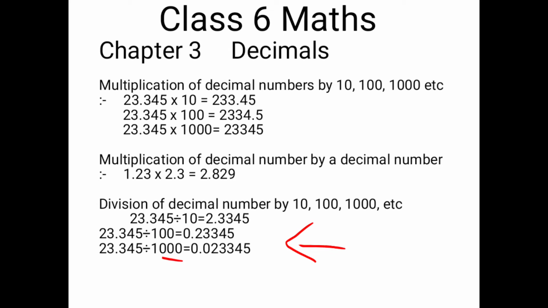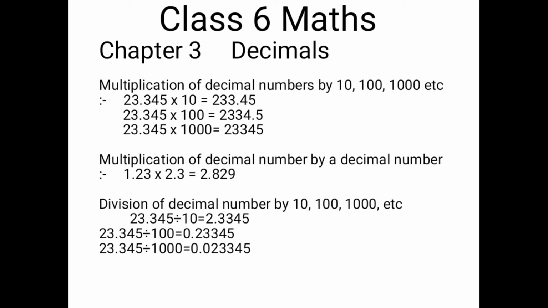Again, here we have three zeros, right? So the decimal point will go three digits, but here we have only two digits, right? So in order to replace the missing digit, we have to put one more zero.